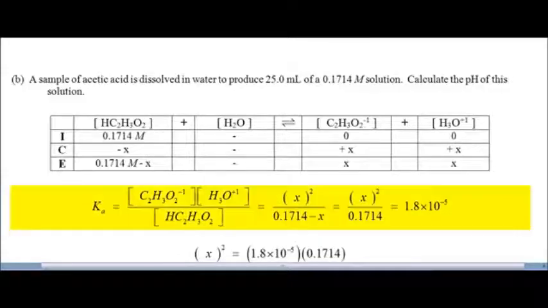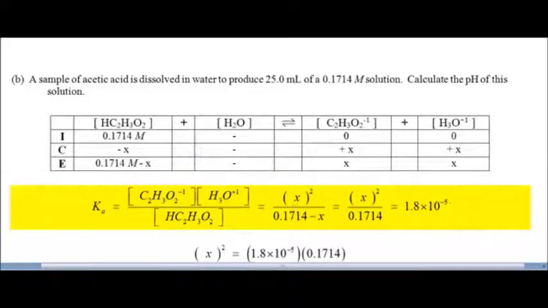So, from our step in part A where we did our Ka, or our acid dissociation expression, we want to plug in the values for the acetate and for the hydronium ions, which are x. Each is x here. And then for the acetic acid, we have the 0.01714 minus x, because again, that's what we have in our value in the ICE chart there.